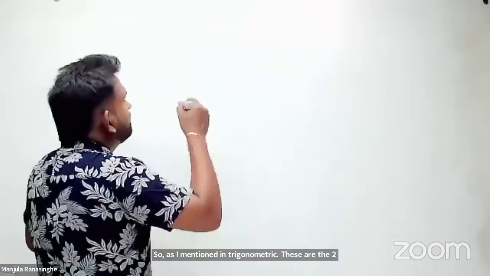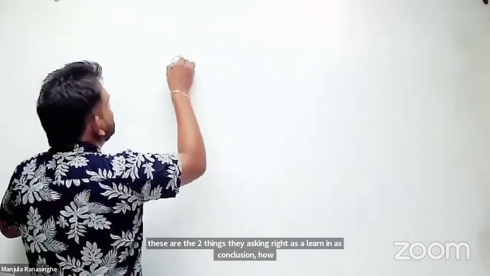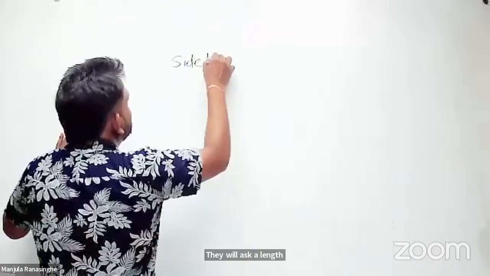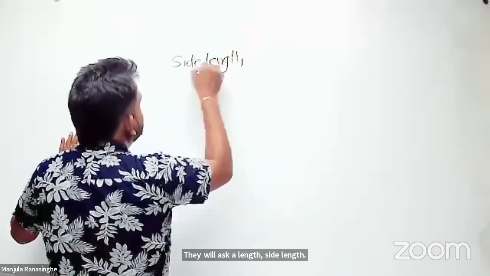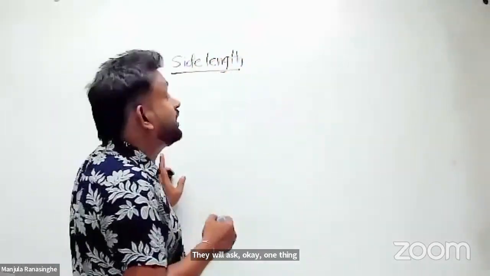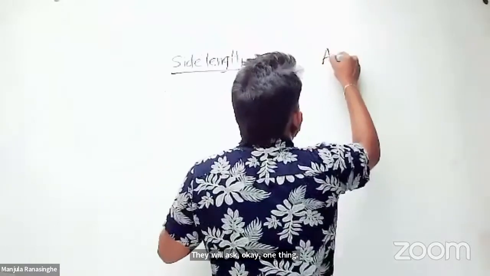Last time we discussed how to find a side length when an angle and a non-side length are given. In trigonometric equations, these are the two things they ask: a length, distance or side length, or an angle.